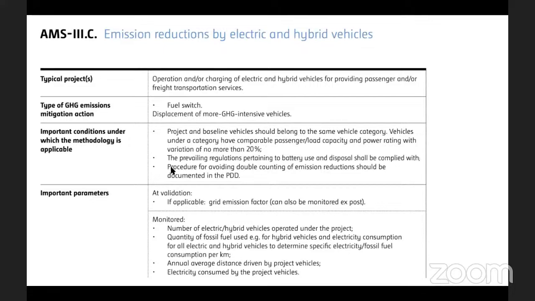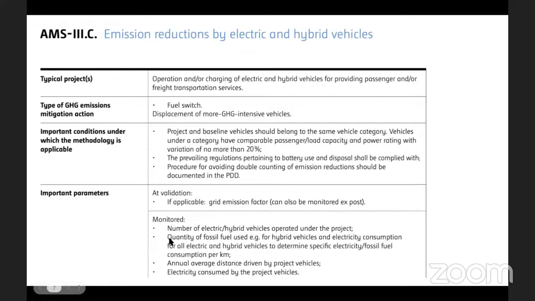Procedure for avoiding double counting of emission reduction should be documented in the PDD. PDDでそのダブルカウントを防ぐようにちゃんと書くと。Important parameter at validation, if applicable, grid emission factor can also be mentioned. Monitor number of electric and hybrid vehicles operated under the project.